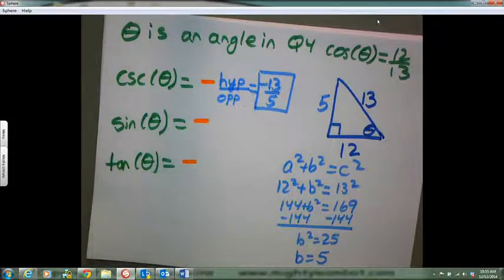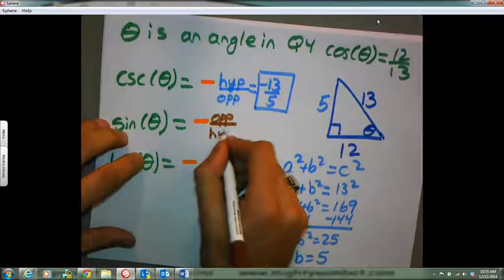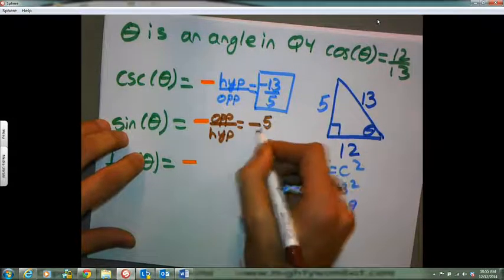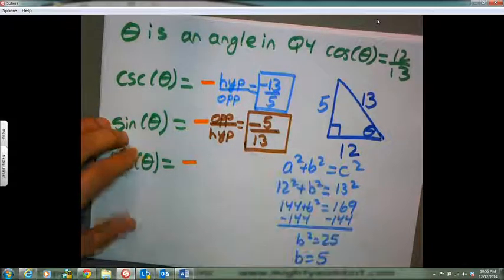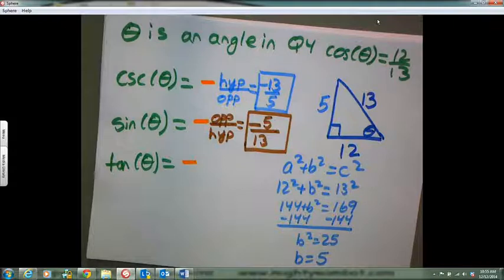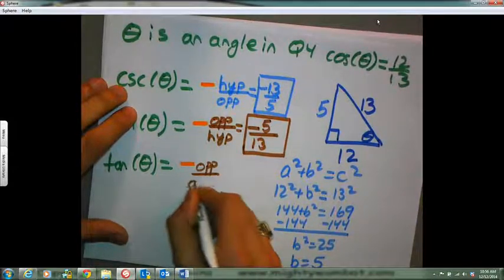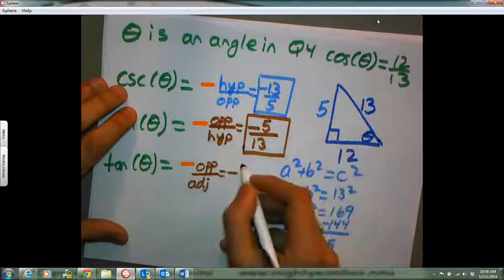Okay, let's look at sine. Sine, I know from my SOHCAHTOA, is opposite over hypotenuse. So negative, opposite 5, hypotenuse 13. And finally, tangent, SOHCAHTOA: opposite over adjacent.